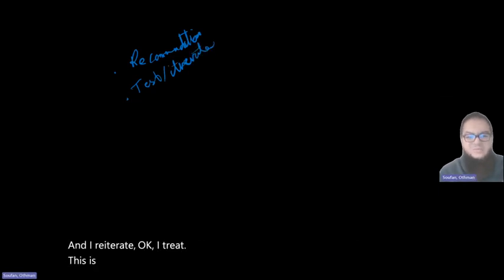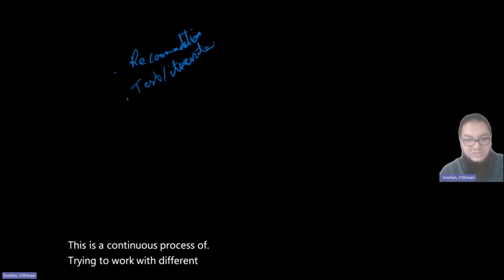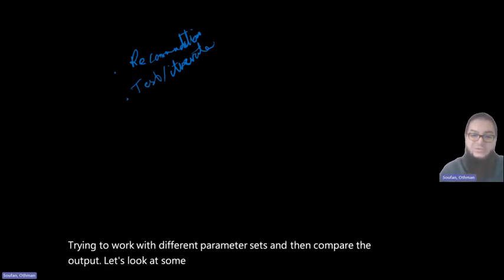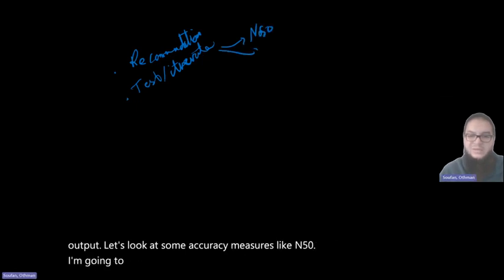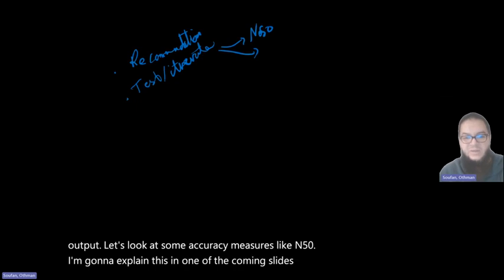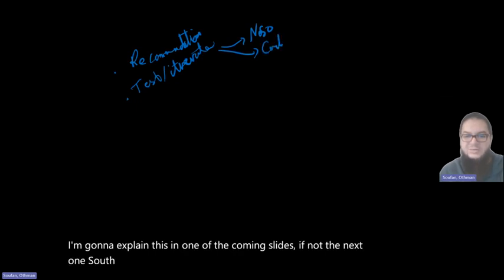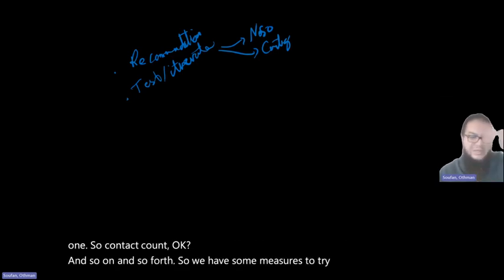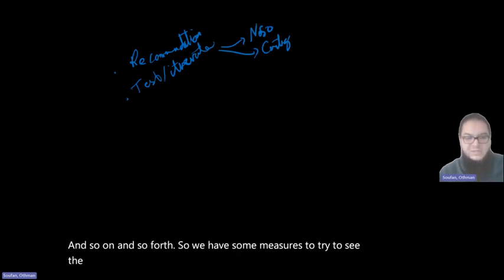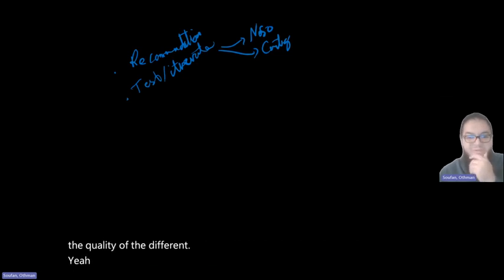This is a continuous process of trying to work with different parameter sets and then comparing the output. Let's look at some accuracy measures like N50. I'm going to explain this in one of the coming slides, if not the next one. So contig count, and so on and so forth. So we have some measures to see the quality of the different parameters.